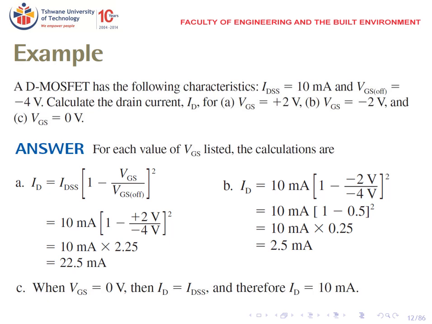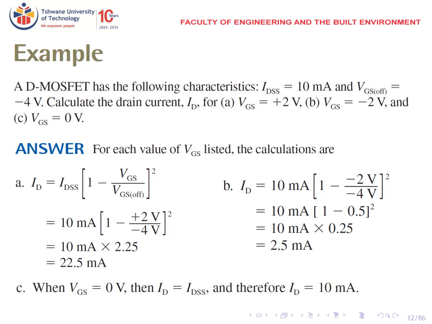So for each of the VGS values listed, the calculation will be ID equals IDSS open bracket 1 minus VGS over VGS off close bracket squared. So we use 10 milliamperes open bracket 1 minus positive 2 divided by -4, which is our VGS off. So we get 22.5 milliamperes.